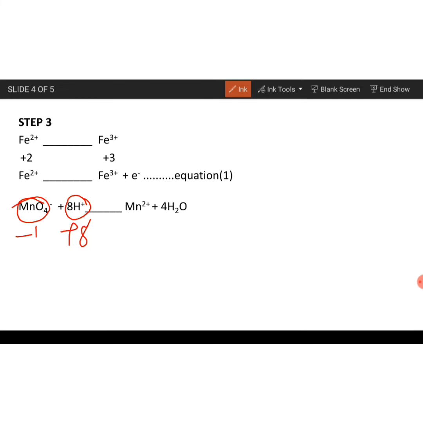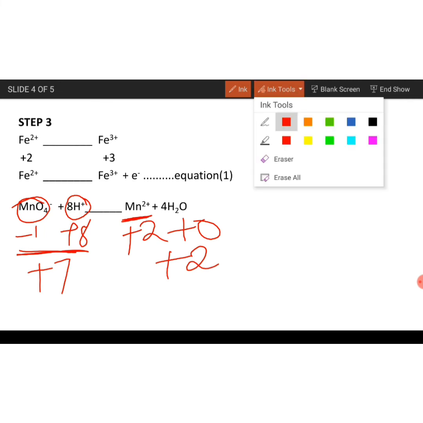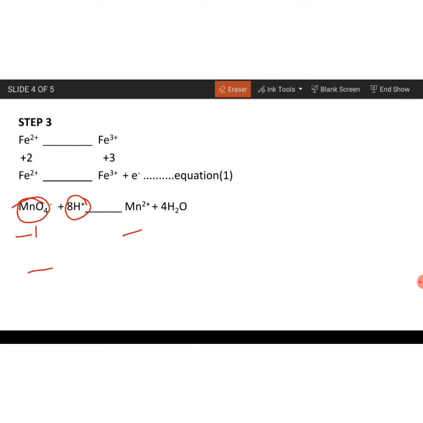Our manganese ion is +2 on the right hand side, and we have water molecule. A molecule actually has no charge, so that is 0. So by the time you look at the total number of charge on the left hand side, it will give you +7, -1 + 8 is +7, and on the right hand side we have +2 and 0. So the total number of charges there is +2. So we are good to go. We now know the total number of charge on the left hand side and on the right hand side. So that is very much easy to now tackle.